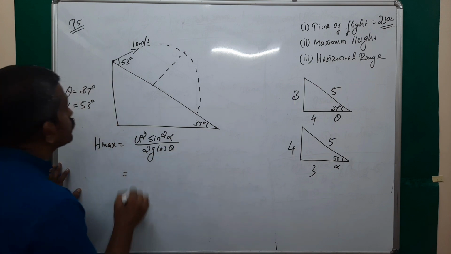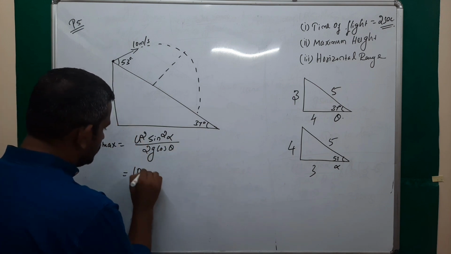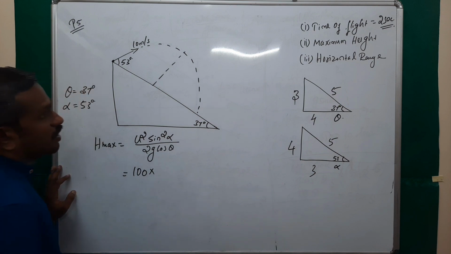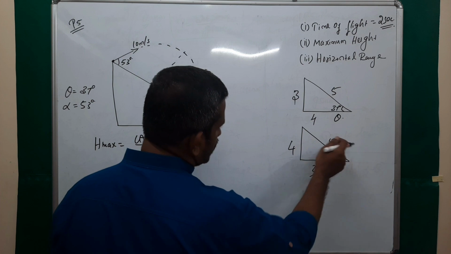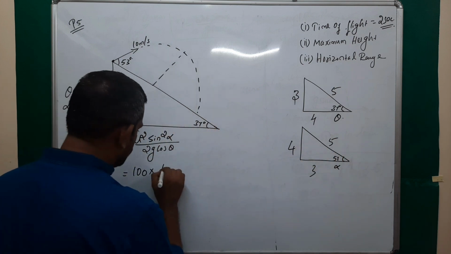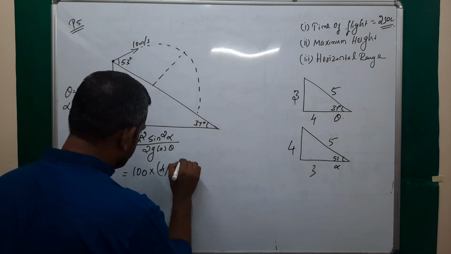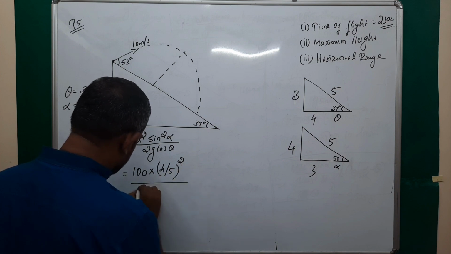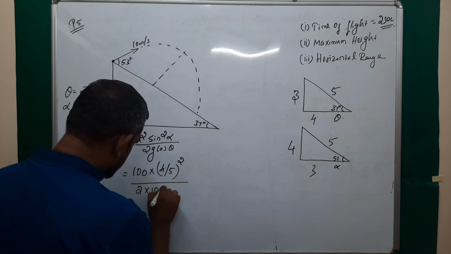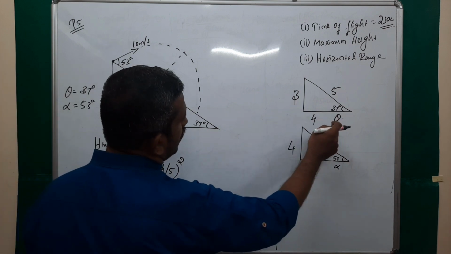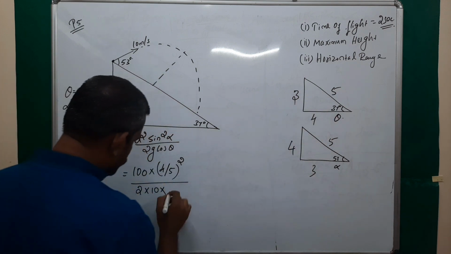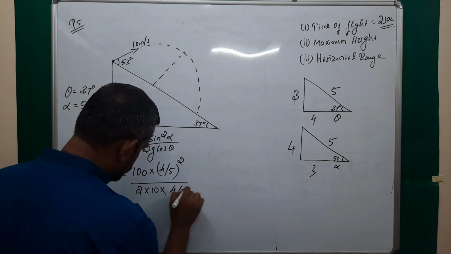That's equal to u square, that is 10 square, which is 100, into sin square alpha, so 4 by 5 the whole square, divided by 2 into 10 into cos theta. Cos theta means 4 by 5.